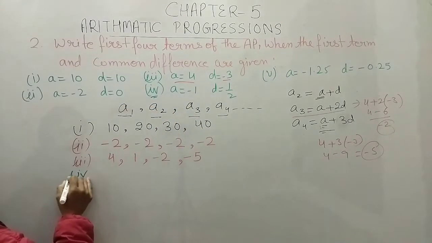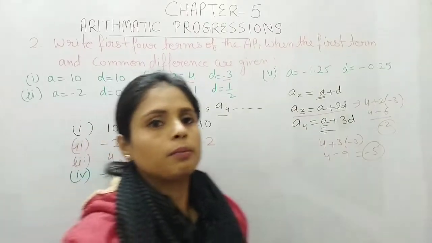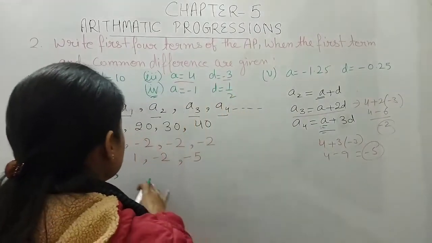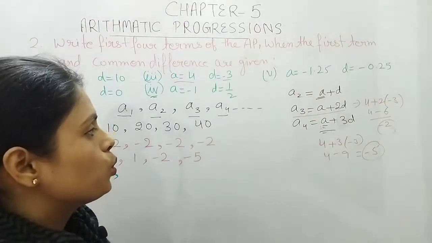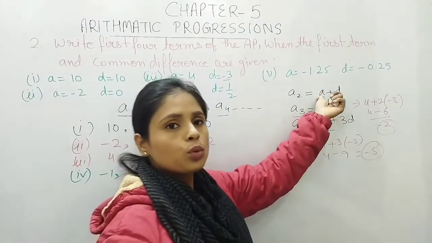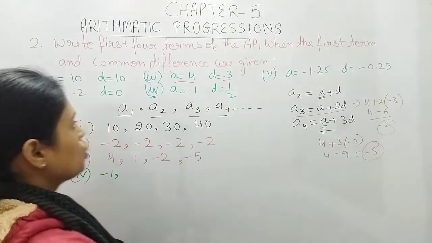Fourth part of this. A is minus 1. So the first term will be the same. Okay. And for the second term of this AP series, we will just use this formula again, A plus D. So you can simply write minus 1 plus 1 by 2.